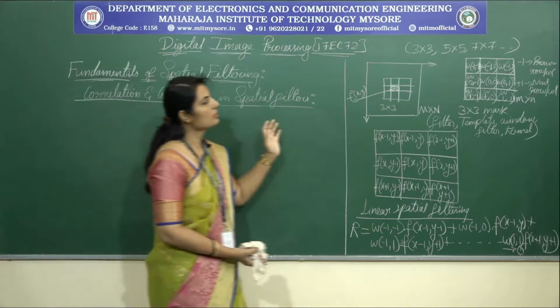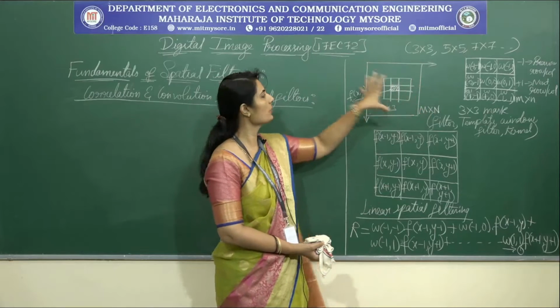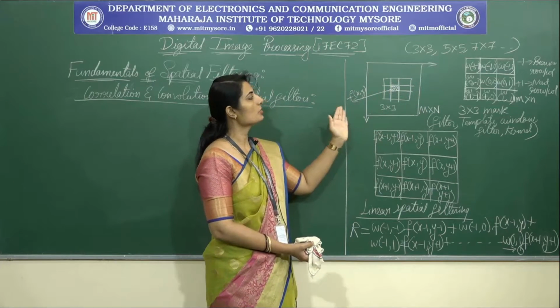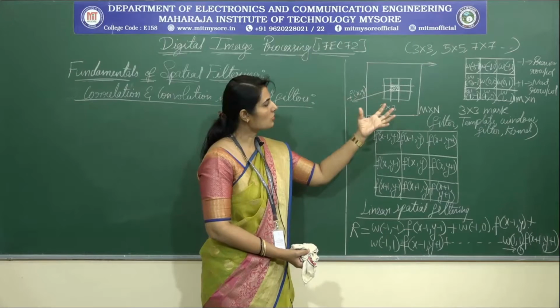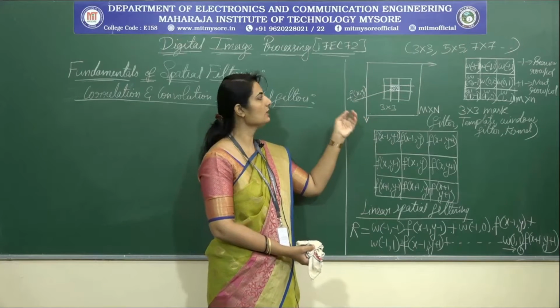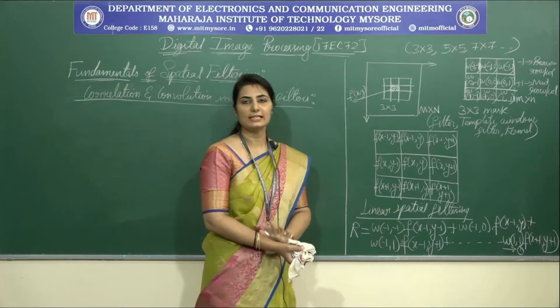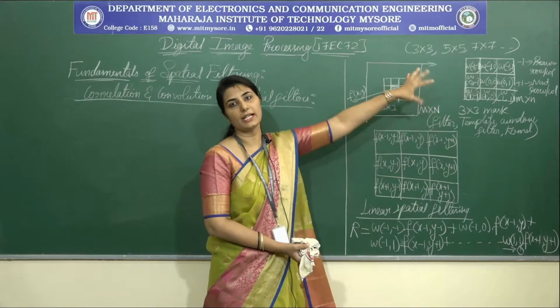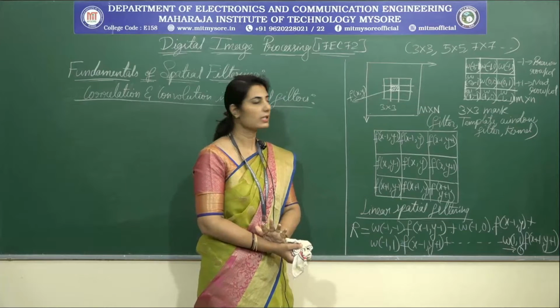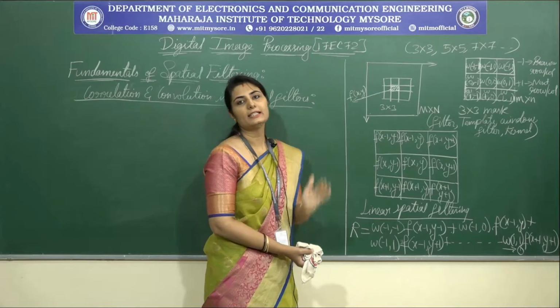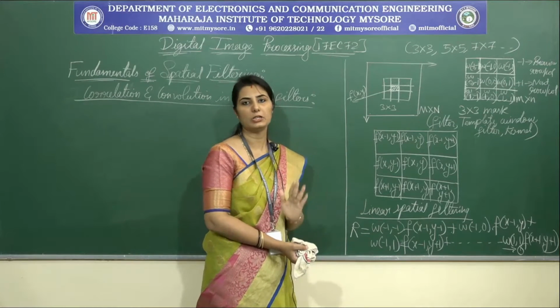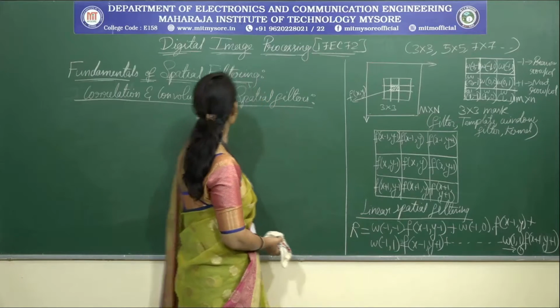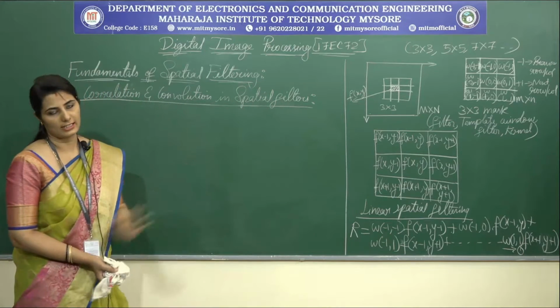Even in convolution we move the mask over the entire image to compute the sum of products of mask coefficients and the neighborhood, and assign the new intensity value to the center pixel. But before doing this, we rotate the mask by 180 degrees in order to obtain the desired value. This is the difference between correlation and convolution.